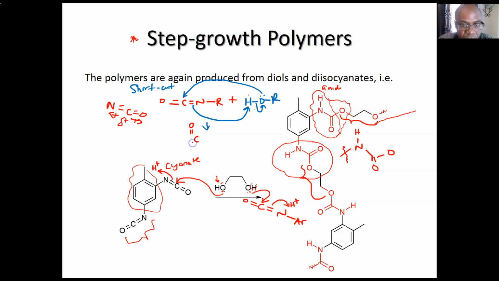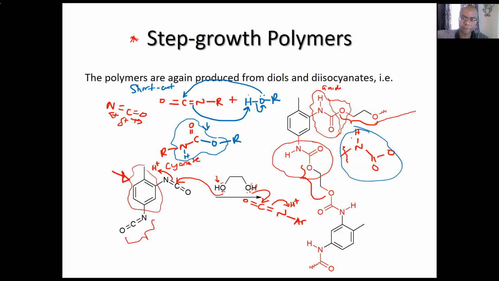The nitrogen picked up the blue hydrogen, and of course this is the R group. The R group could be the rest of the structure. So now let's show this oxygen bound to the carbon, and that this nitrogen took the blue hydrogen. Again, you're making this functional group.